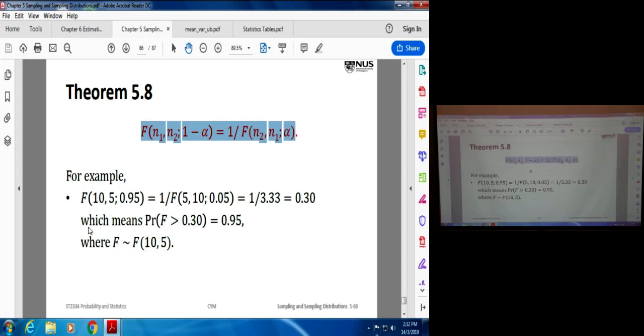And this result says now, if I draw the PDF of an f distribution on n2 and n1 degrees of freedom, so I will try and do that here.